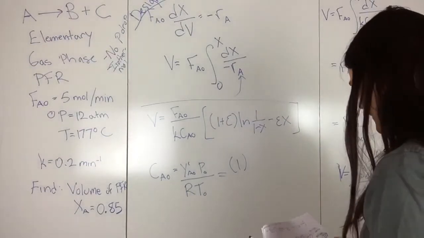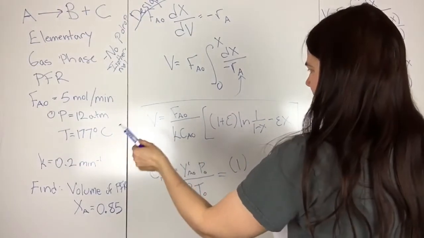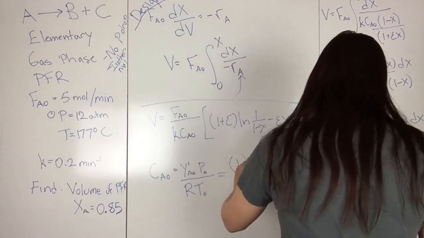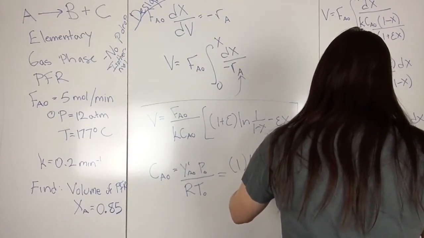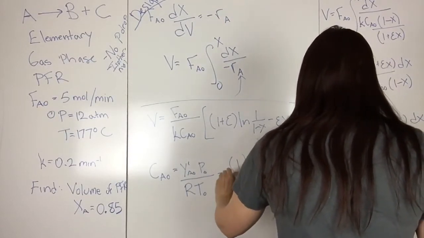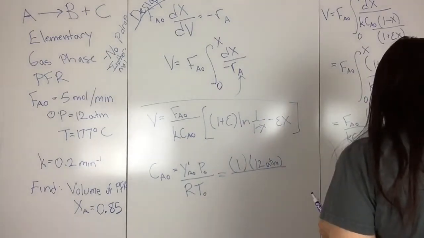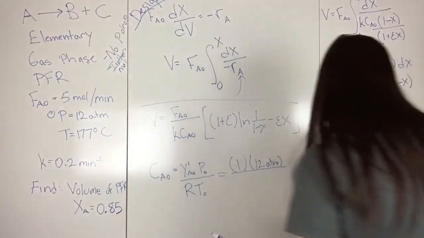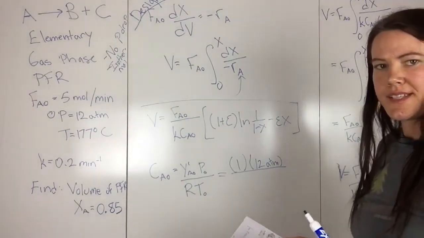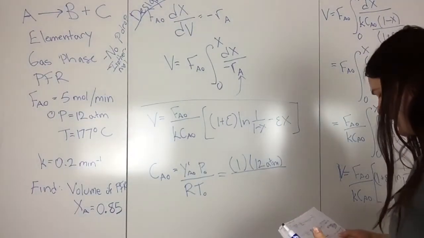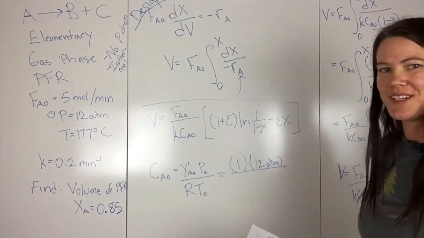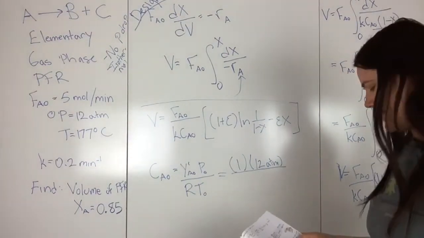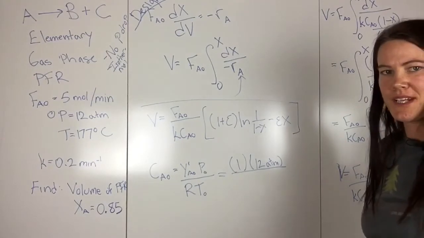And we know P naught because it gives it to us, 12 atmospheres. For R, that's the gas constant, you want to make sure you pick the right one because there are a whole bunch of them, all the same but with different units.